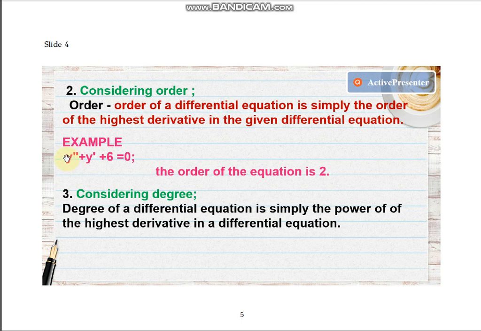You'll find that now that 2 will be the degree of the equation. That's why we say the degree of a differential equation is simply the power of the highest derivative in a differential equation.